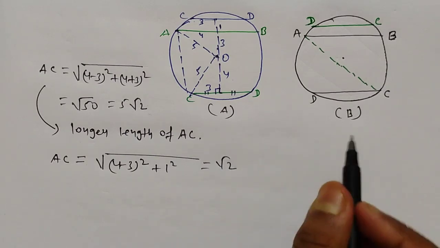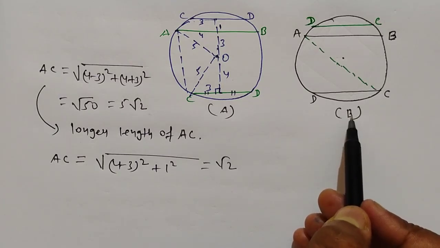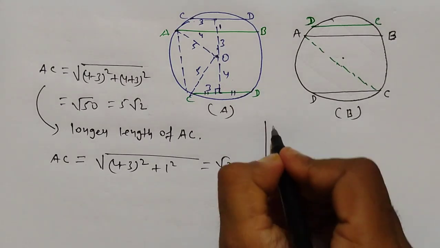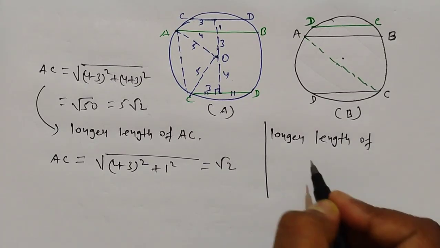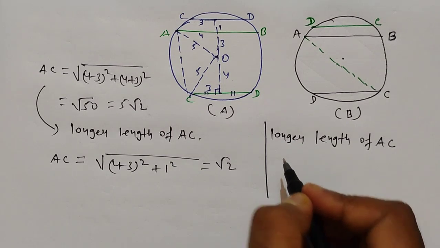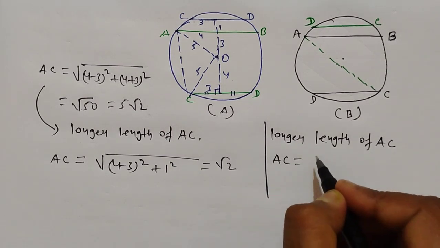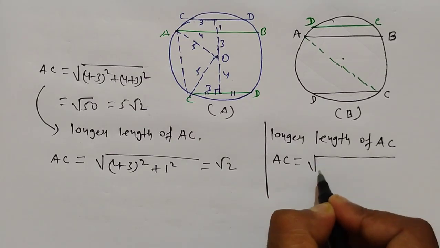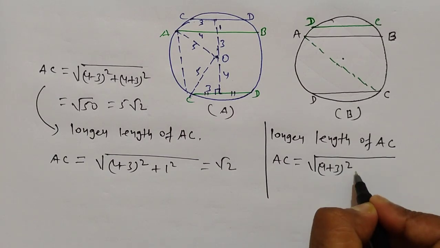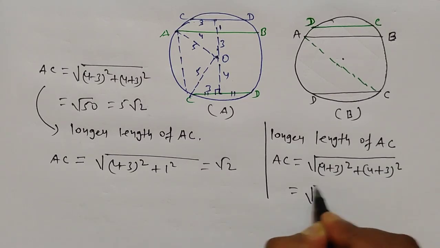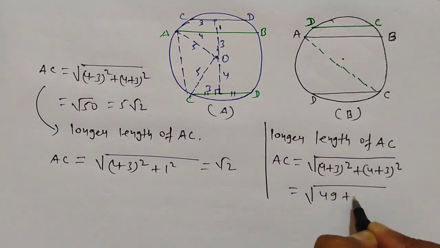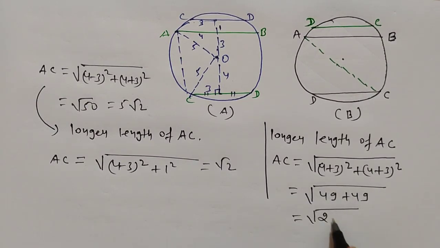And similarly in the diagram B, the longer length of AC is given by AC is equal to the square root of (4 plus 3) whole square plus (4 plus 3) whole square, and this is equal to the square root of 49 plus 49, the square root of 2 into 49, it means this is 7 root 2.